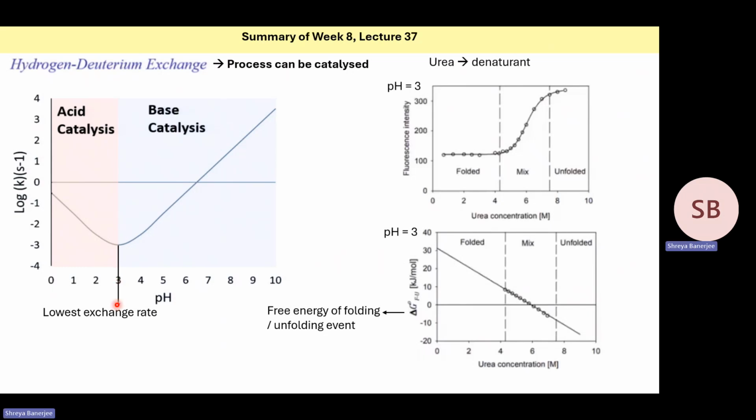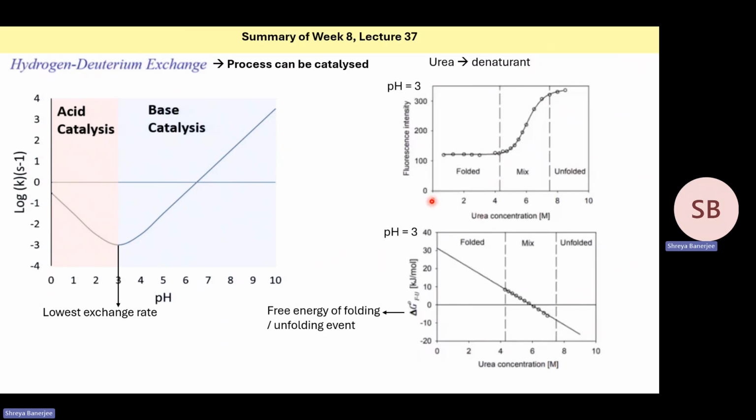At this low pH of 3, where the exchange rate is slowest, different unfolding experiments can be done. So suppose you have a protein and you're adding urea. Urea is a denaturant. That means as you increase the urea concentration, the protein will unfold from its native state into a random coil.